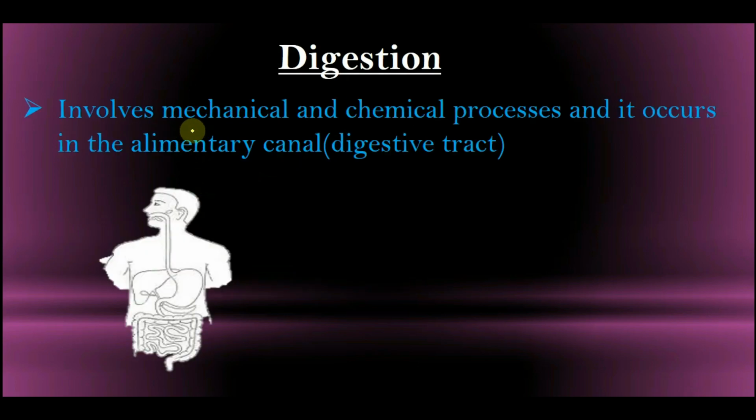It's very important that you should know that digestion involves mechanical and chemical processes. Mechanical in the sense that the large organic molecule is being smashed, being crunched into small units. For example, if you put food in your mouth, you will chew it.